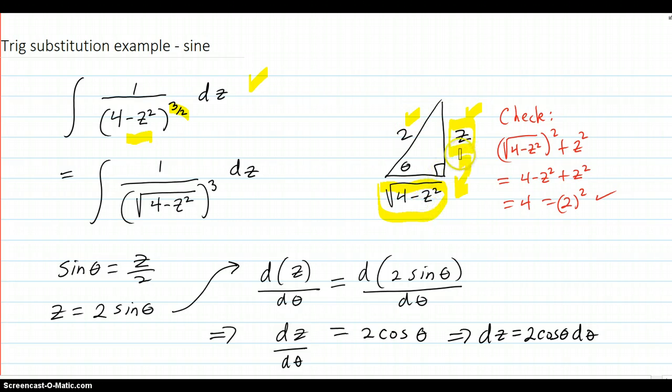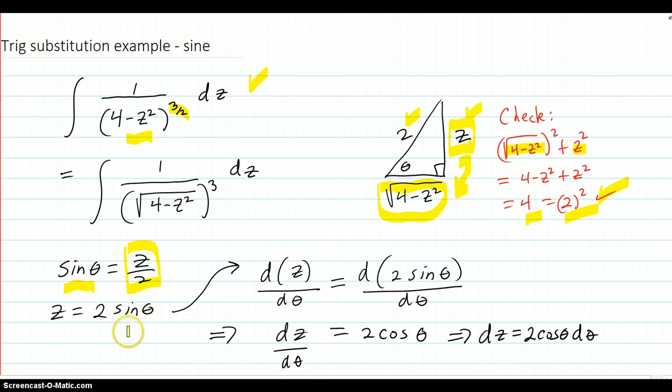I always in my mind check this right triangle relationship, just to make sure it satisfies the Pythagorean theorem. So this side squared plus the z squared all works out to 4, which is 2 squared, and the Pythagorean theorem checks out. So sine of theta is the opposite over the hypotenuse, z over 2.